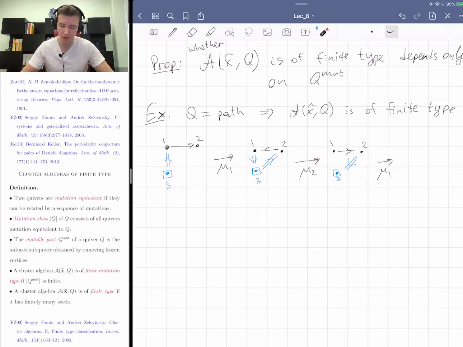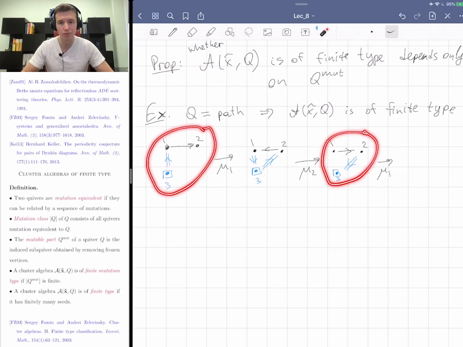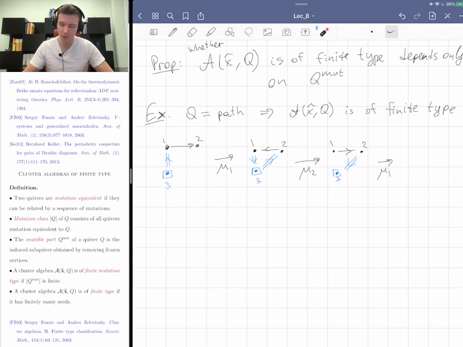This quiver is isomorphic to this quiver, except that you reverse all the arrows. And so as you keep going, you get finitely many quivers. Do you agree or disagree with this?